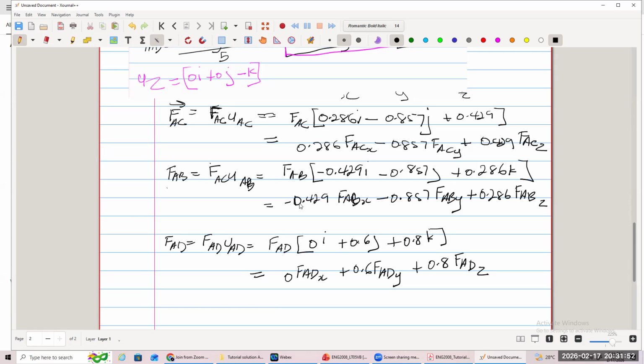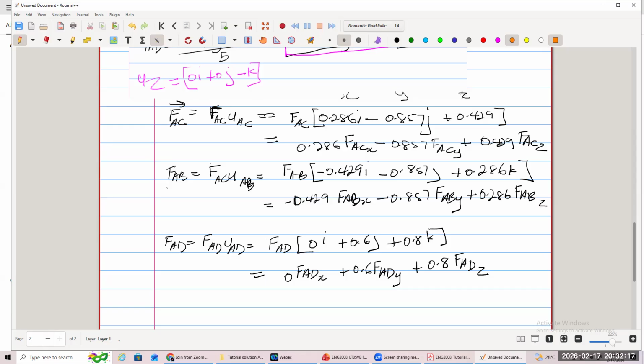Bear in mind that there's another force that needs to be incorporated in one of these lines. But no, I want to single them out and I want to show you something now. So what we've been working at so far is to get these expressions here.